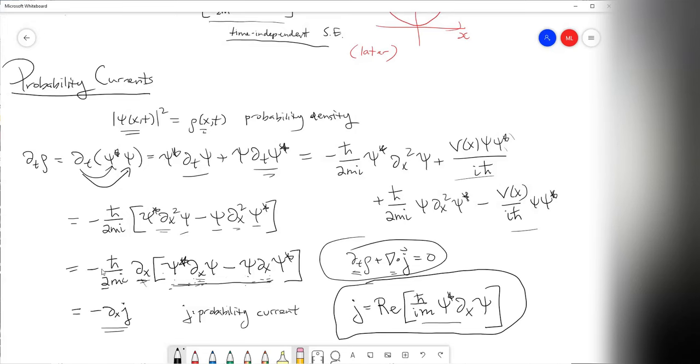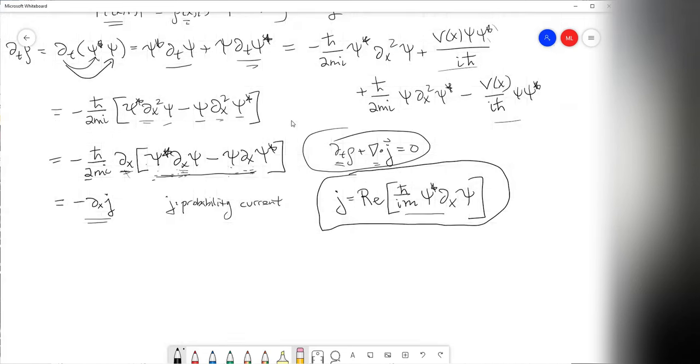And why is it a current? We can look at it in 3 dimensions. If you think about a box and you ask what the probability is inside the box and how it changes in time, then the change of the probability inside the box, we're going to integrate over all the positions inside this box, the volume integral of the probability density.